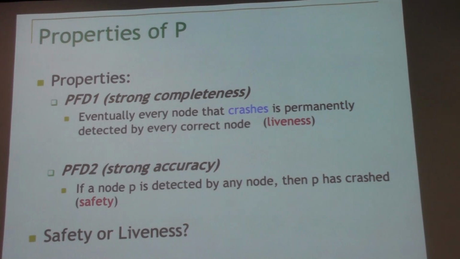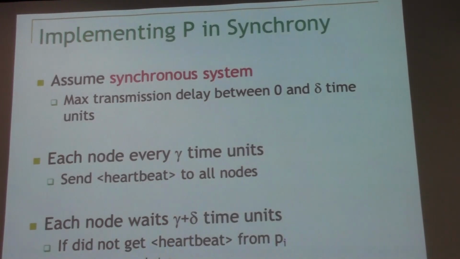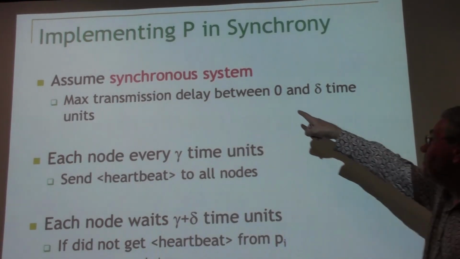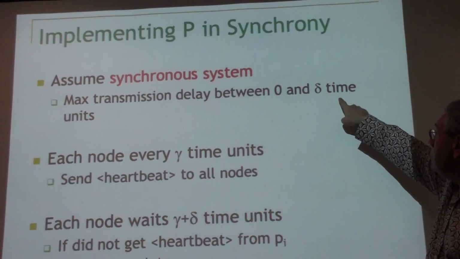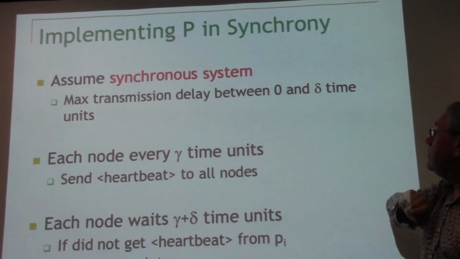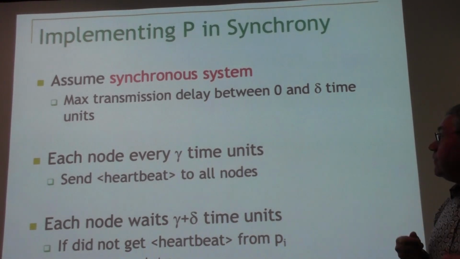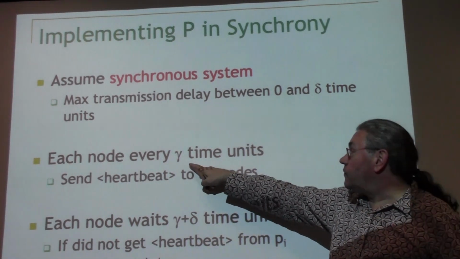Okay, so the implementation can be done in a synchronous system, and then the implementation is easy. You can't really implement it in other kinds of systems. It just doesn't work. But in a synchronous system, you can do it. The idea is you have some upper bound. So we assume the messages take between 0 and delta time units, not seconds. And you send heartbeats.